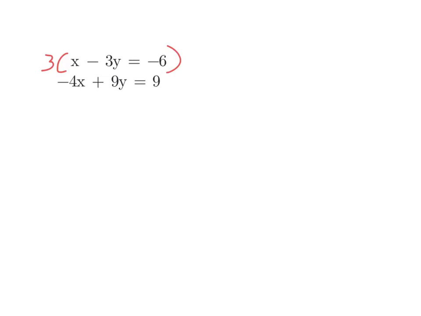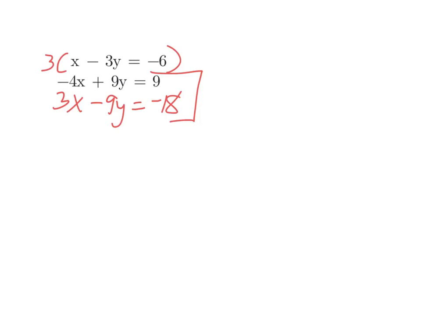Now, when I do that multiplication, I get 3x minus 9y equals negative 18. Okay? This is my new system. And why this is important is because now I've turned it into the previous problem. Because now the 9y and the minus 9y are going to cancel out. Okay? So why don't you go ahead and try to finish this problem on your own.